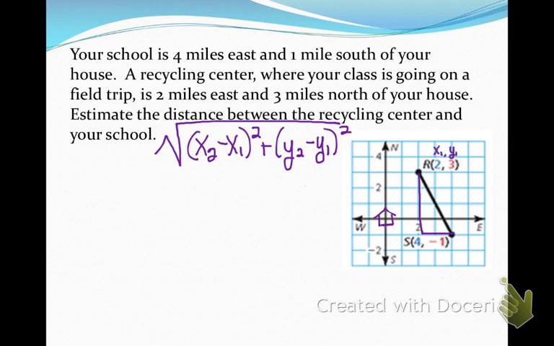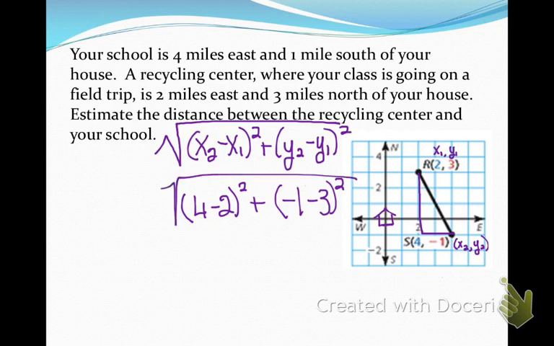So let's just call one of our points x1, y1 and the other point x2, y2. And when you do that, you're going to take your x values and you're going to subtract them and square them. Then you're going to take your y values, you're going to subtract them and square them, and then you're going to take the square root of the whole thing.